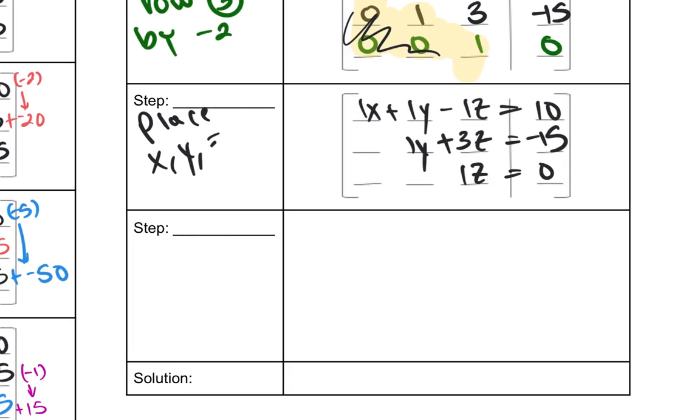And then we work backwards. We know Z is 0. And so we work with the middle equation, which is just Y plus 3Z equal to -15.